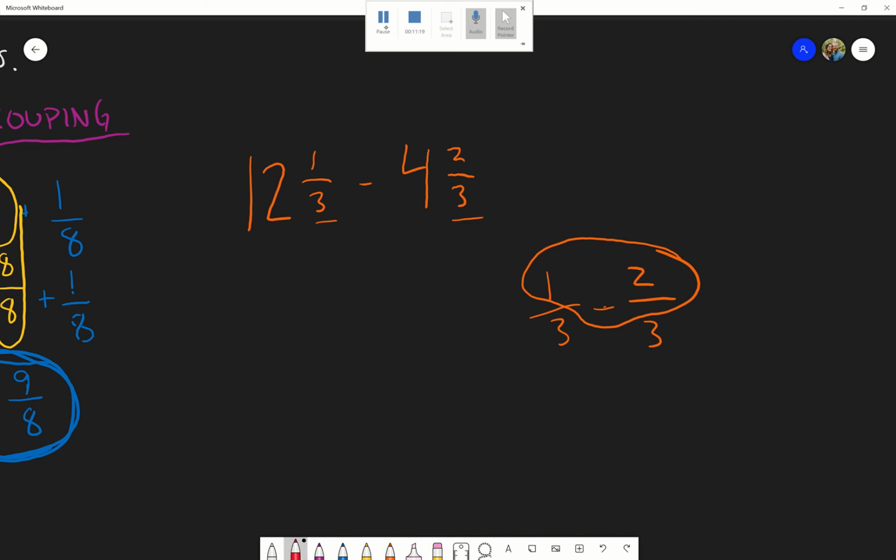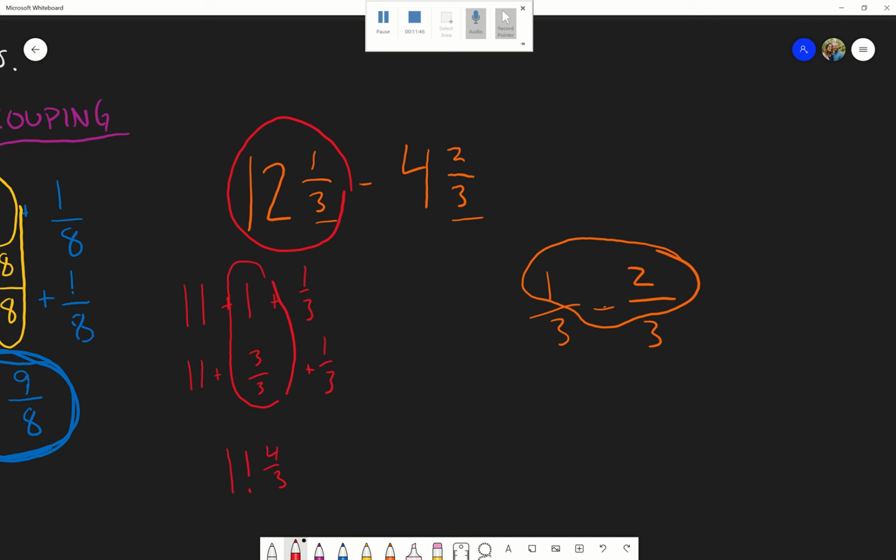So I'm going to turn 12 and 1/3 into 11 plus 1 plus 1/3. I'm going to turn 1 into 3/3. So I'm now going to have 11 plus 3/3 plus 1/3, or 11 and 4/3.